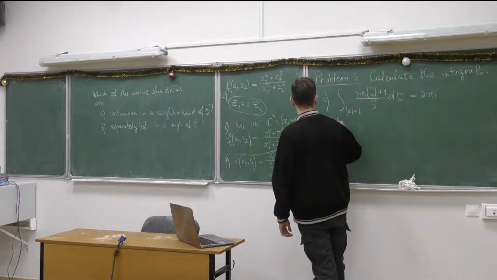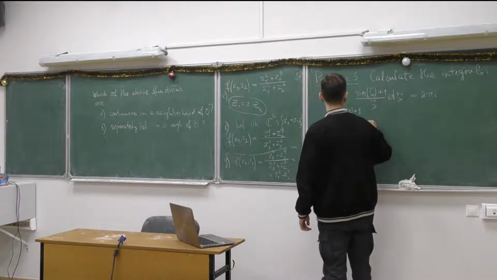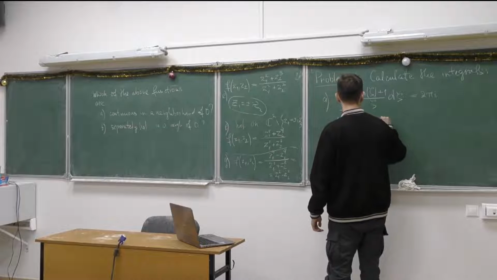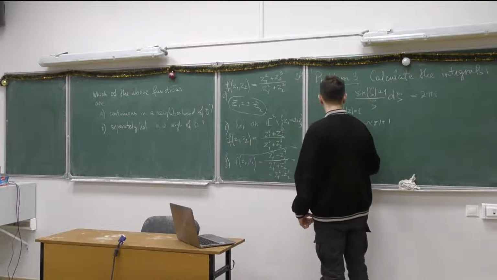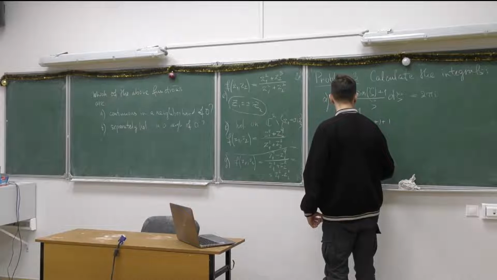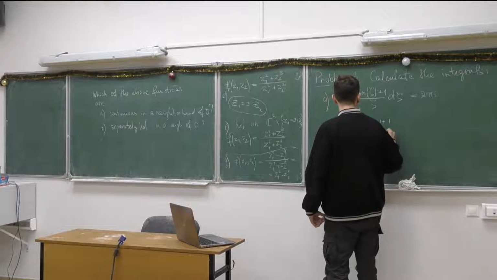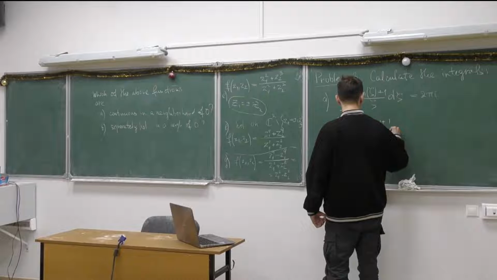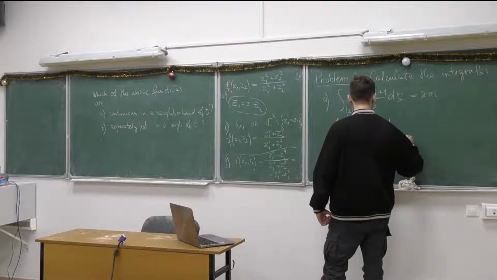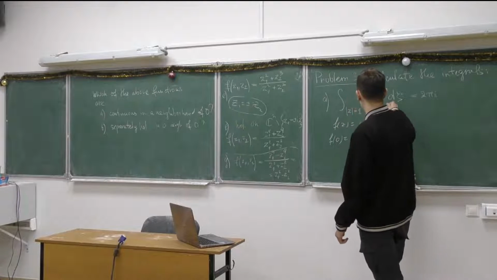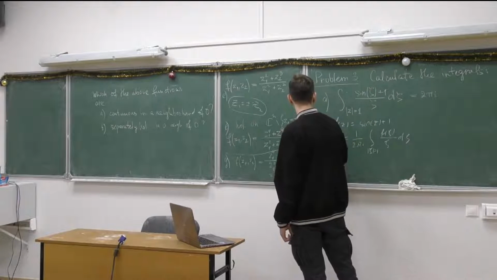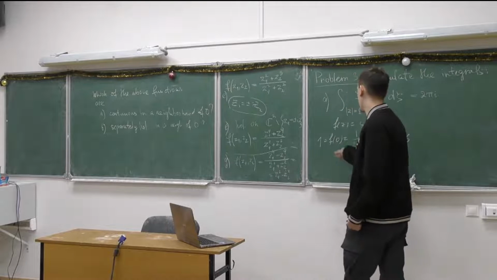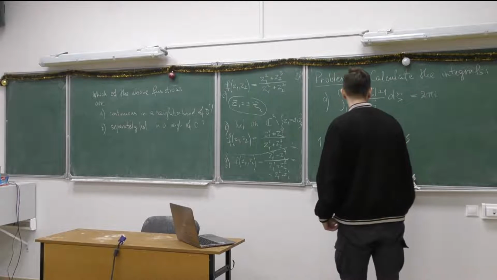If we take f of z equals sine of z plus 1, then by the Cauchy formula f of 0 is 1 over 2 pi i times the integral of f of zeta over zeta d zeta, which is precisely this one. And obviously, as sine of 0 is equal to 0, f of 0 equals 1. So just multiply both parts by 2 pi i.